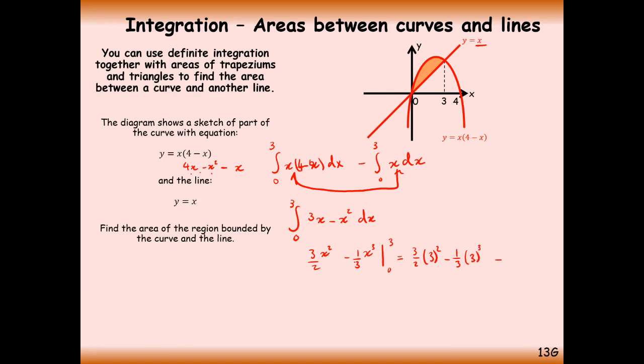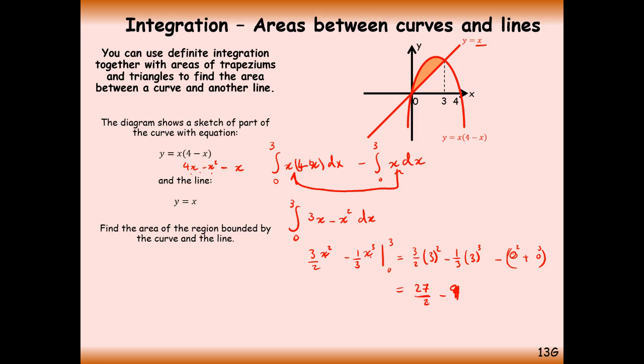Substituting 0 doesn't change anything because there are no constants. If there was a constant, it would matter, but here 0 to the power of anything is still 0. So it simply turns into 27 over 2 minus 27 over 3, which is 9.